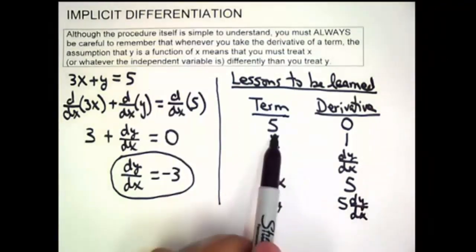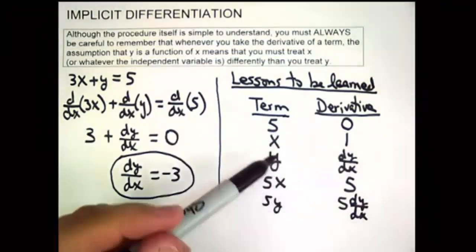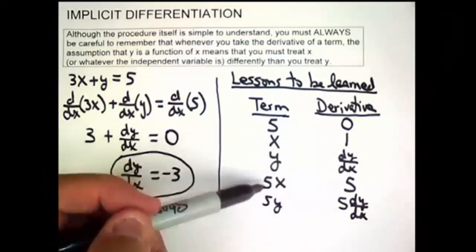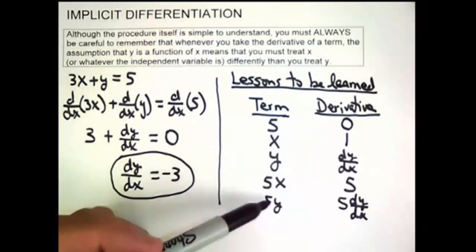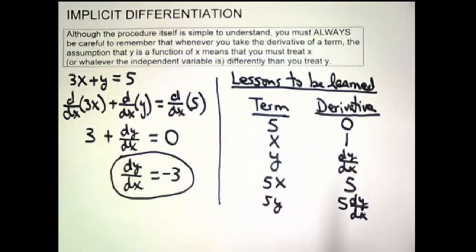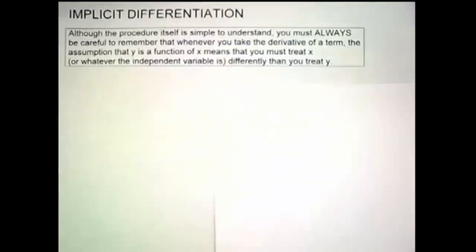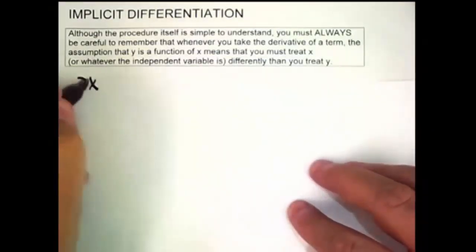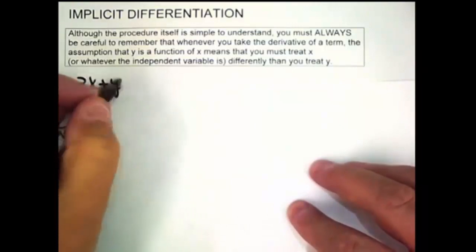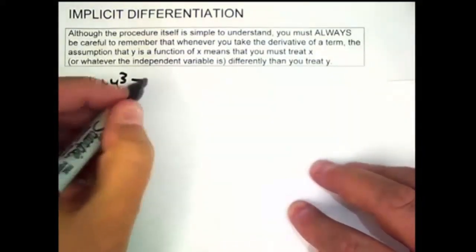So when you have a constant, 0; when you have some term involving just x, it's your ordinary derivative rules, but whenever a y is involved, you're going to have a dy over dx. Suppose I had 3x plus y cubed equal to 5.